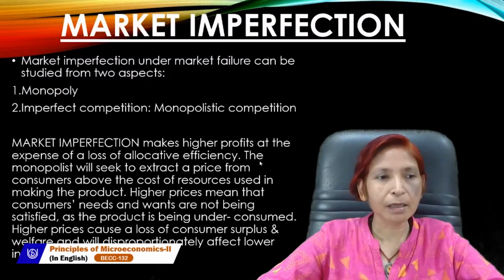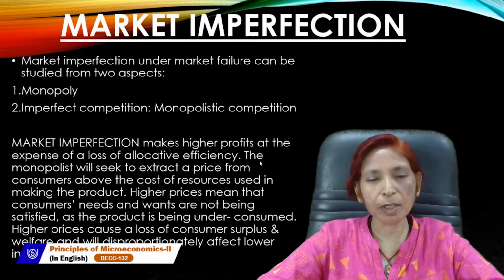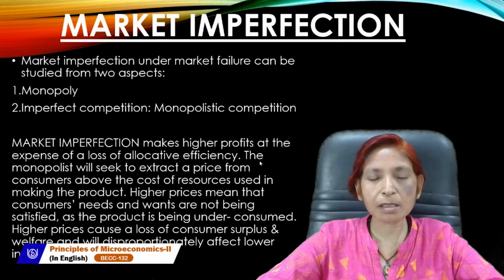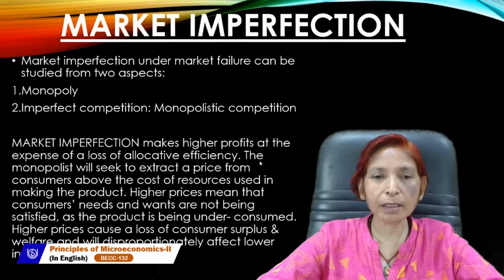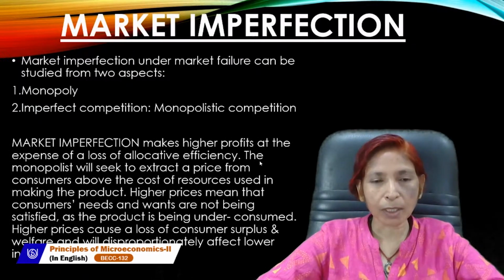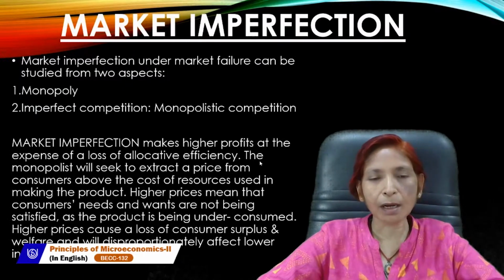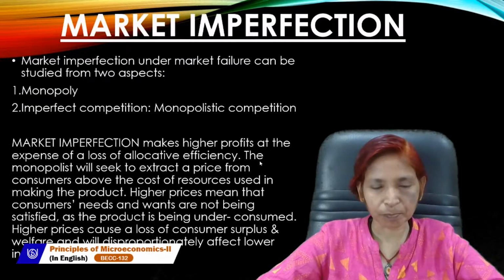The second thing is the imperfect competition market. The monopolistic competition market is also called a failure market because in this market there is excess capacity, a concept you have studied. What is excess capacity? Excess capacity means the ideal output is more than the profit maximizing output.